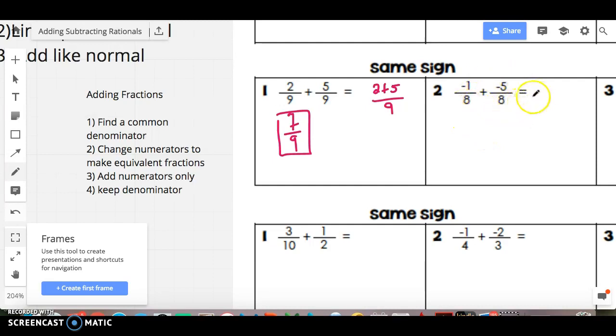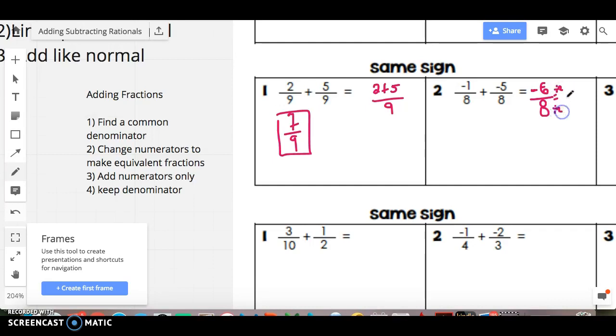So we know our answer is going to be the opposite of something, and we're going to take 1 plus 5, so it's the opposite of 1 plus 5, which is 6, and we keep the denominator. So the opposite of 6/8. Well, I need to simplify that. I'm going to divide both by 2.